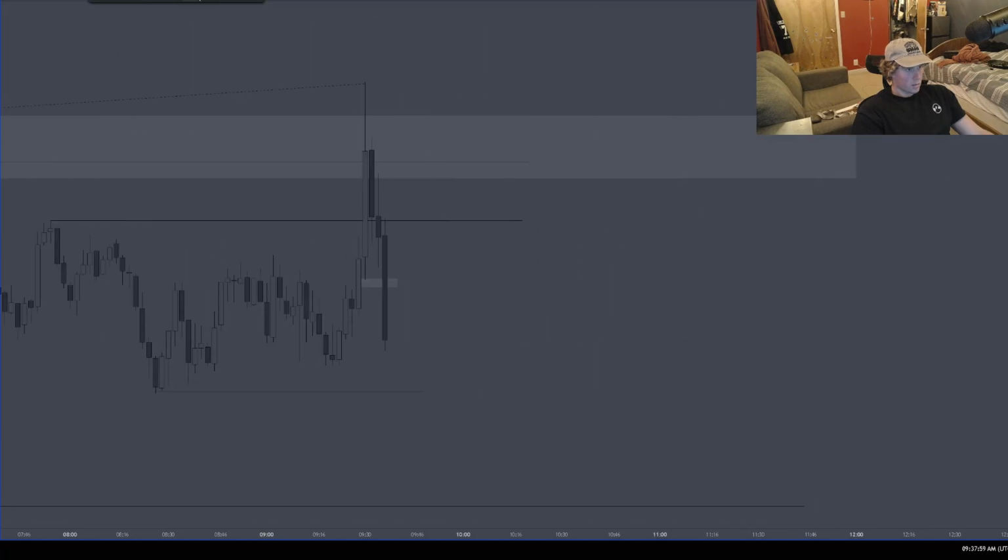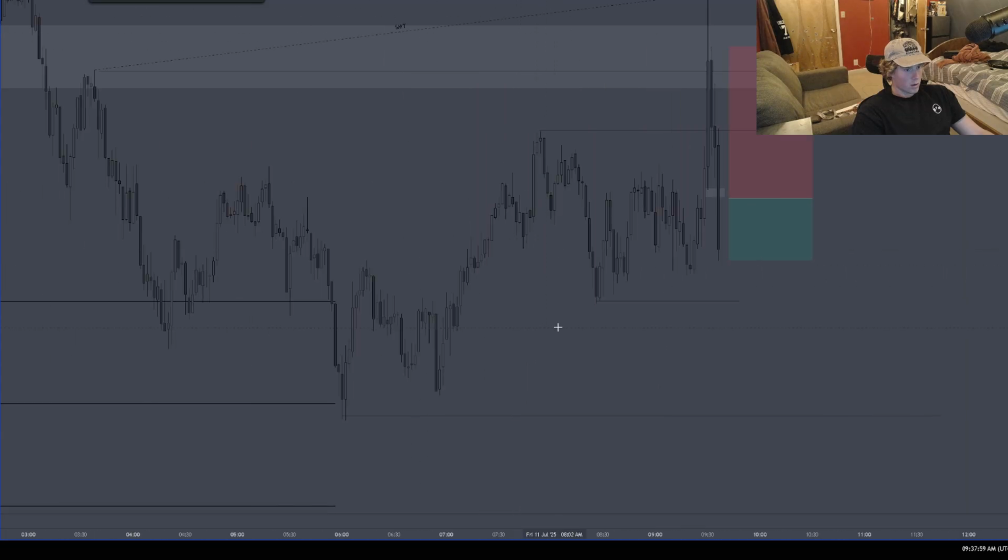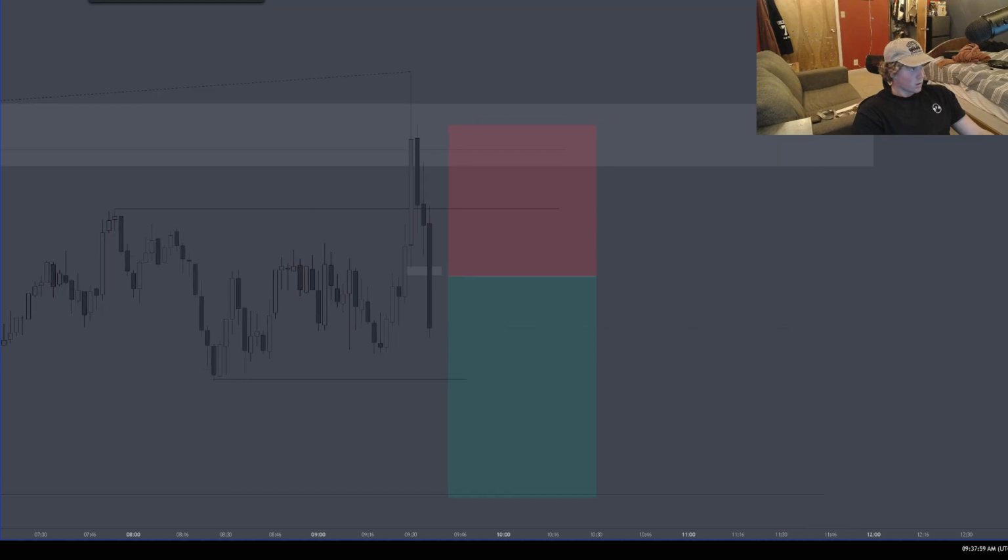Okay, I would take this, but it's a little high, so I would wait first to retrace. So wait for retracement here.